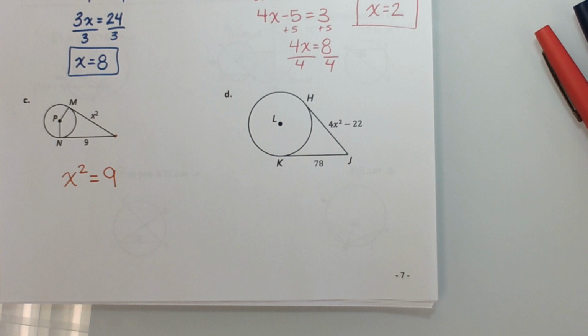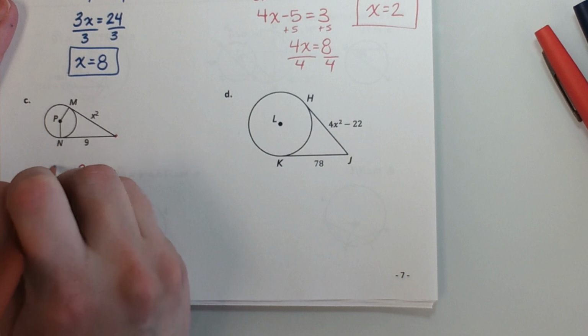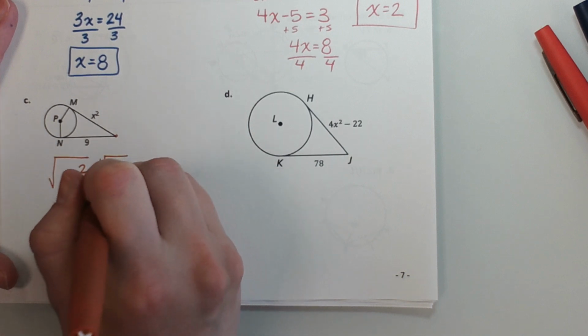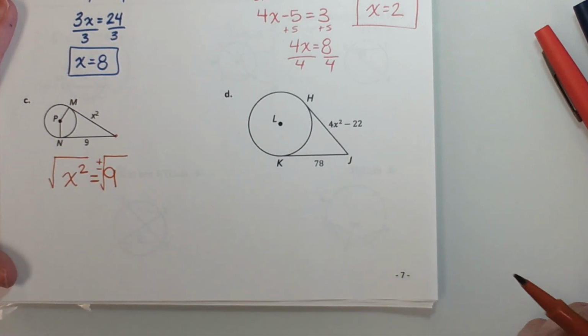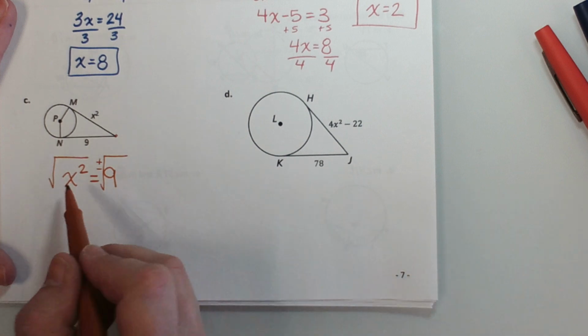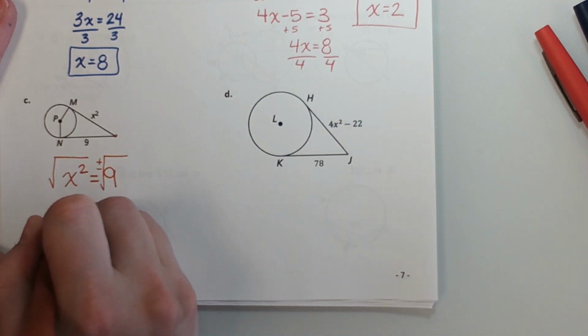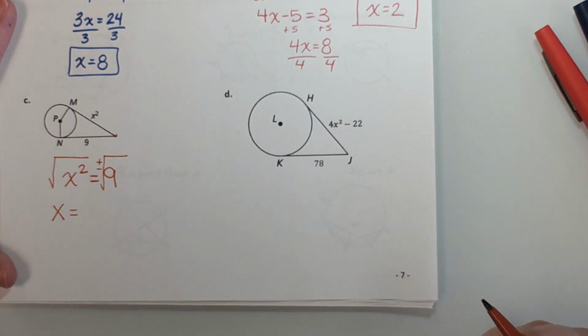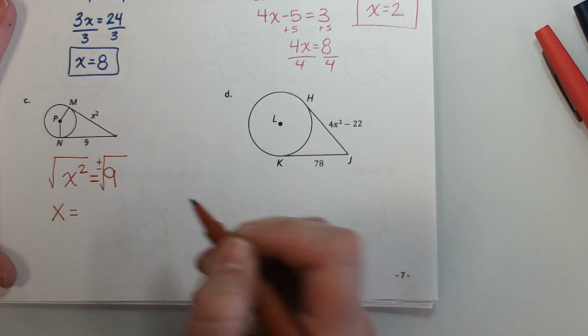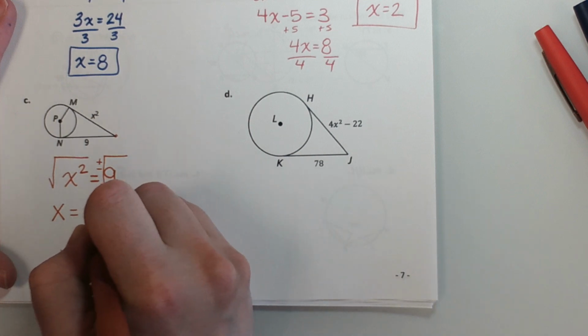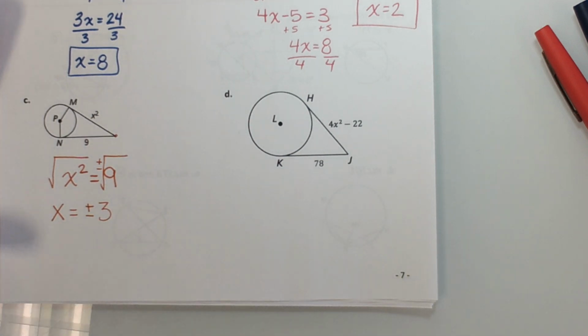Square root. When you introduce a square root, what should you also put with the problem? Plus and minus. Sometimes it has a need, sometimes it doesn't. Square root of x squared will be x. Square root of 9 is 3, and I've got my plus or minus in the front of it.